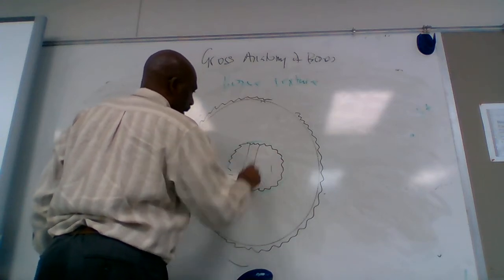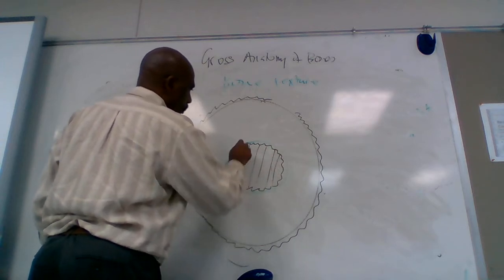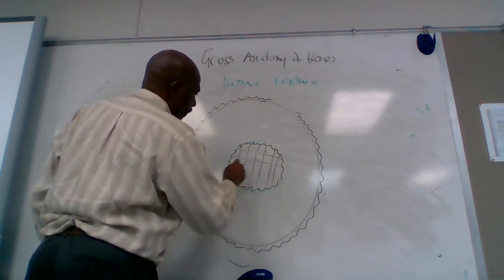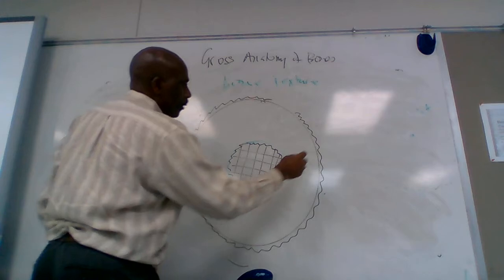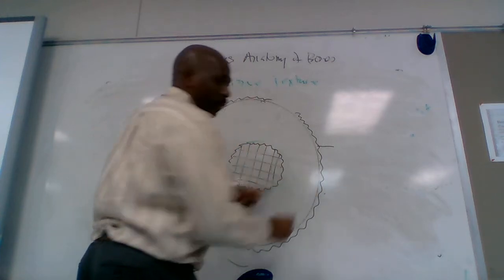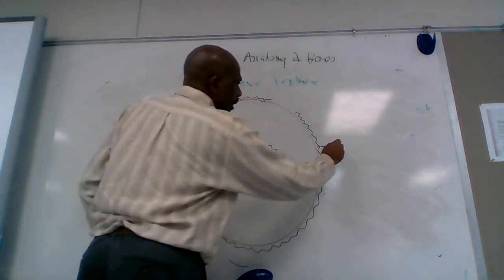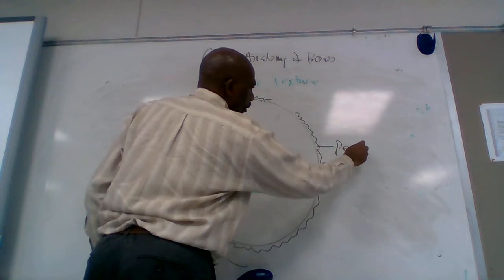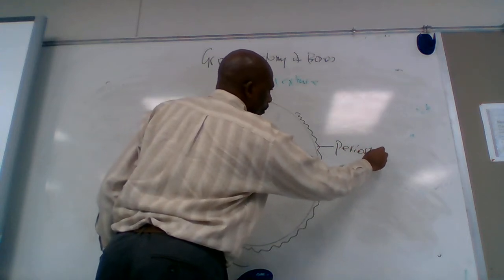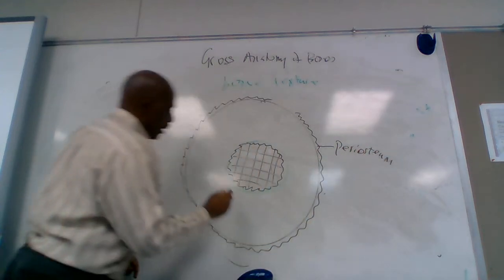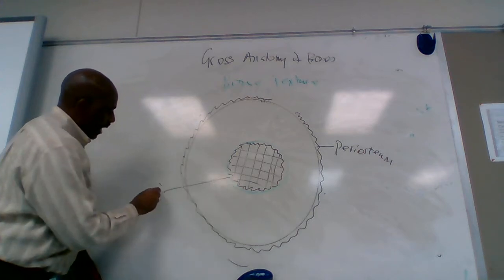Now this is rough. I think you have a better diagram in the notes provided and in the textbook. So over here, this will be the periosteum. In here, this will be the endosteum.